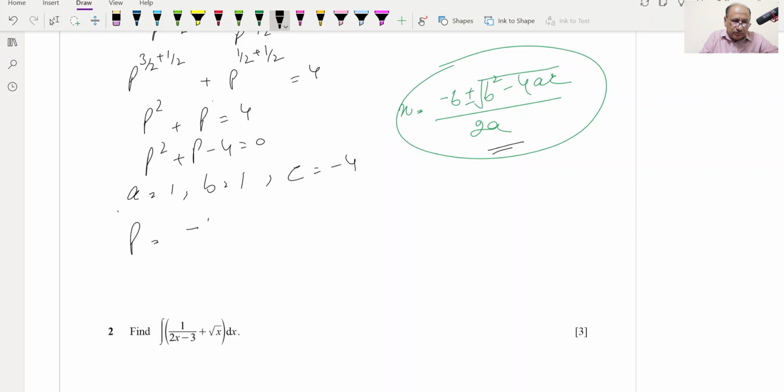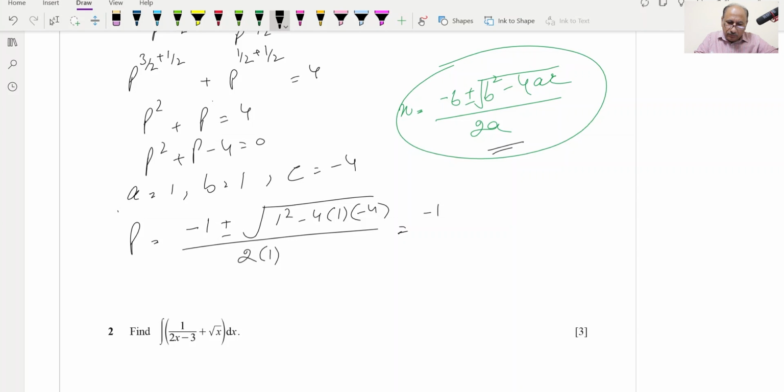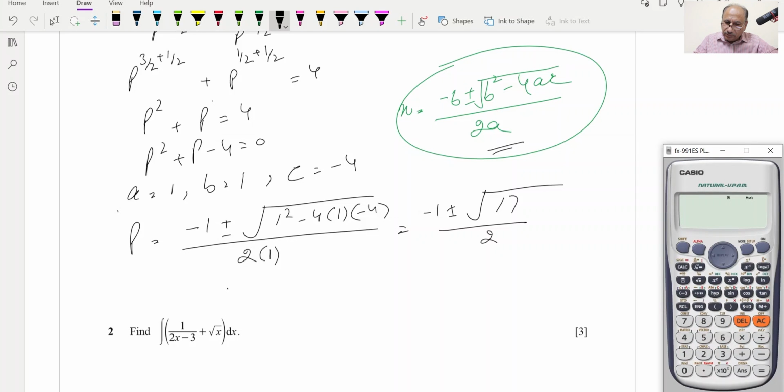These a, b, c values we replace in this formula, and we write p is equal to minus b, so minus 1 plus minus square root of b squared, 1 squared, minus 4 times a times c, over 2 times a. This will be equal to minus 1 plus minus square root of 1 plus 16, so 17, over 2. We can check the two values with the calculator.